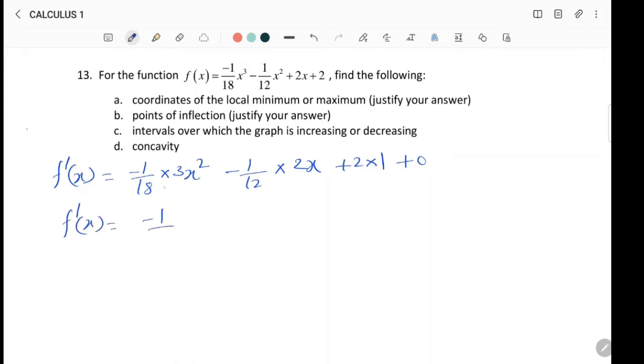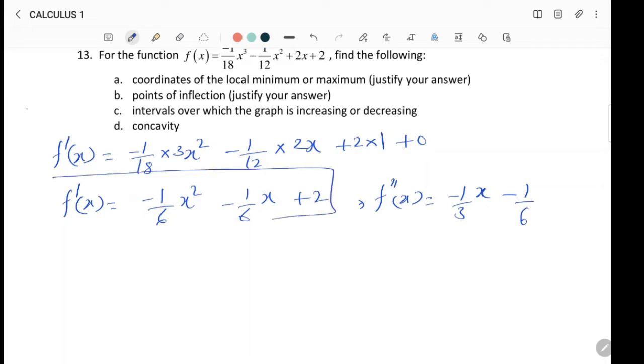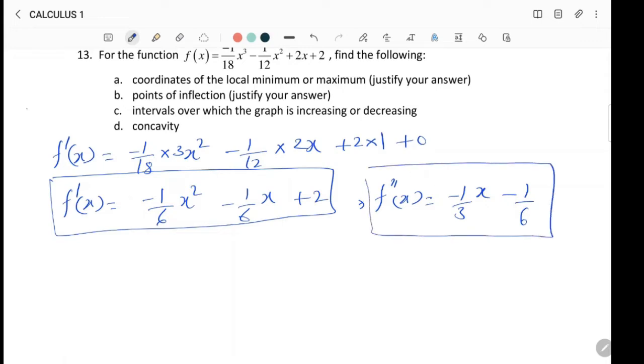So f dash x is: 3 over 18 is 1 over 6, so minus 1 over 6 x square, minus 2 over 12 is minus 1 over 6 x, and plus 2. Okay, now we can find f double dash x as well here itself. So minus 1 over 6 times 2x is minus 1 over 3 x, and minus 1 over 6 times 1 is minus 1 over 6. So we have f dash x and we have f double dash x.